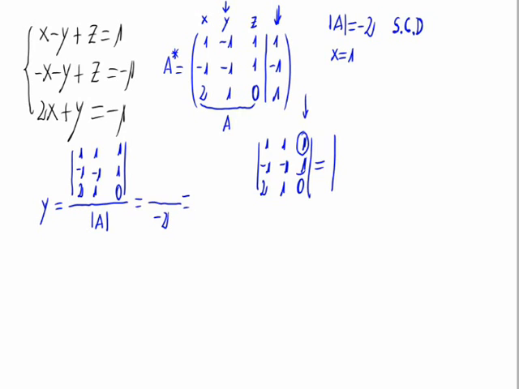Let's do it in another way. What we have to do is try to get a 0 on the third element of the second row.